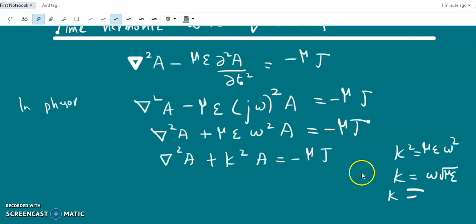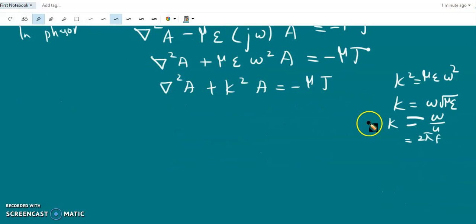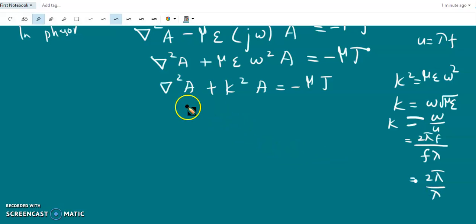So k is equal to omega by u, 2 pi f by u. U is the velocity, which can be written as frequency multiplied by wavelength. So lambda into frequency gives u. So f will get cancelled, 2 pi by lambda, the wave number. So we have del square A plus k square A equal to minus mu J.